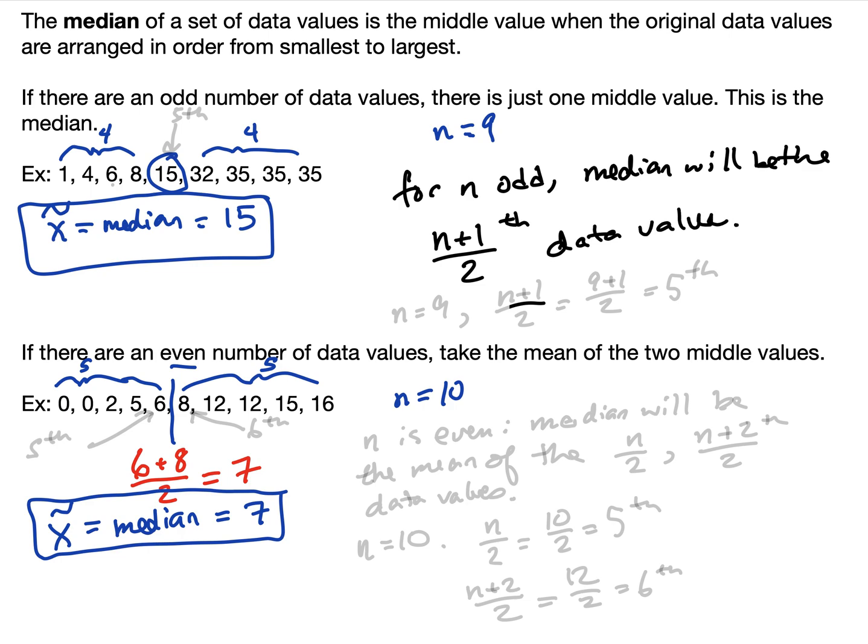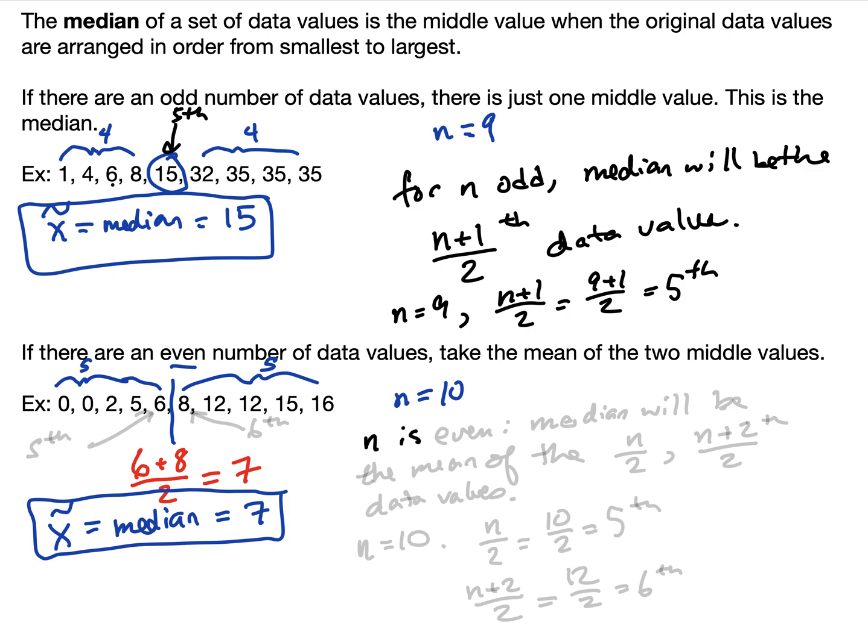So in our case, when n is equal to 9, (n plus 1)/2 is equal to (9 plus 1)/2. That's 5, so it's the fifth data value. And yes, this was the 1, 2, 3, 4, 5. This was the fifth data value.